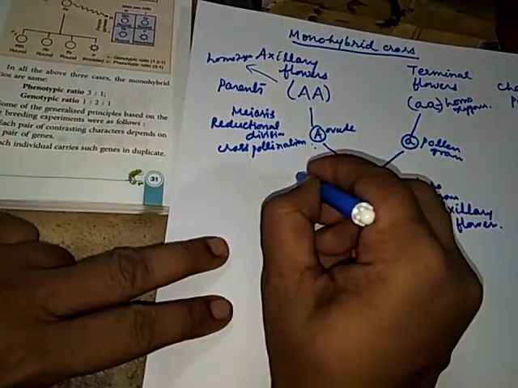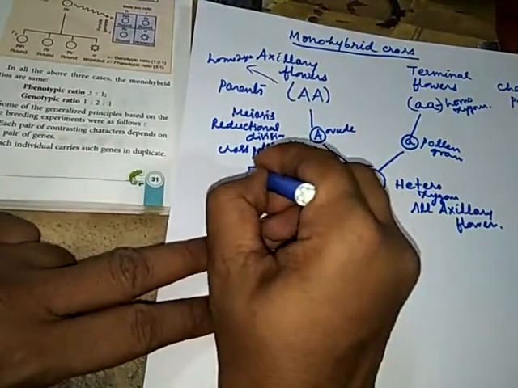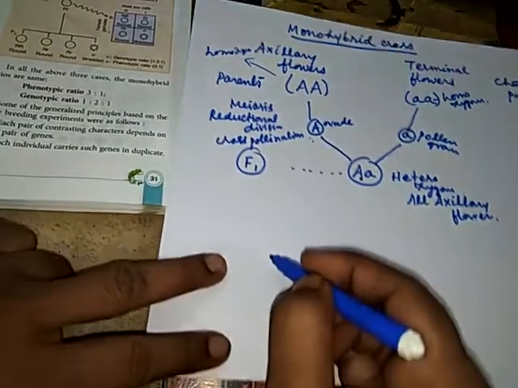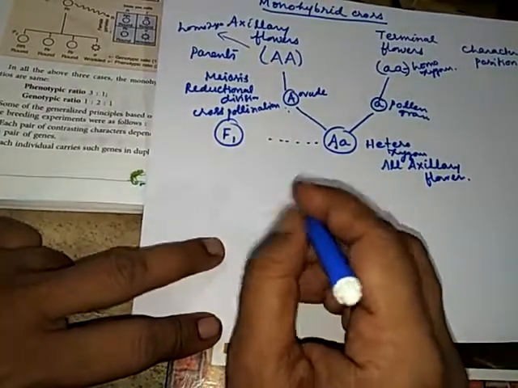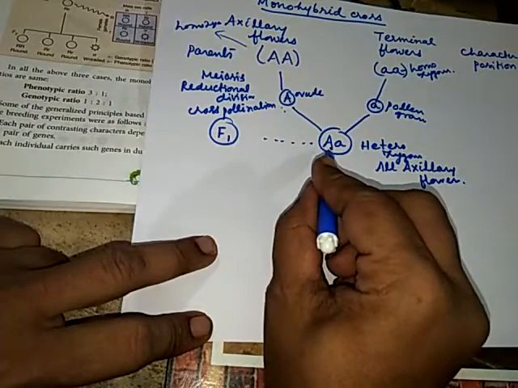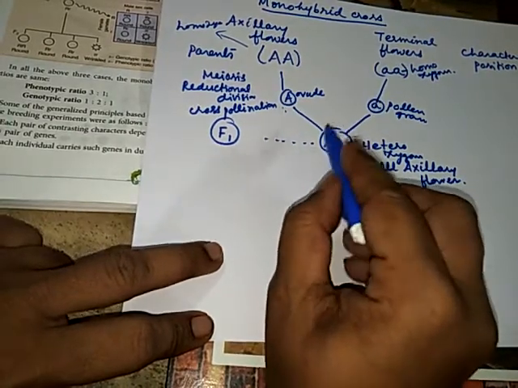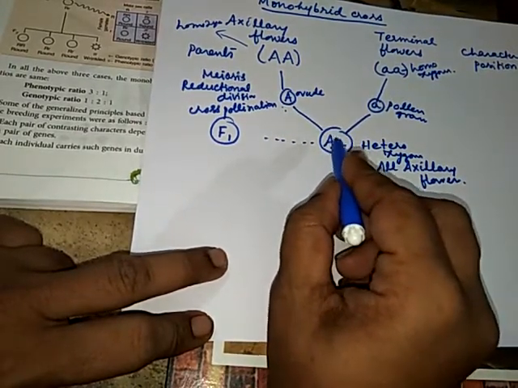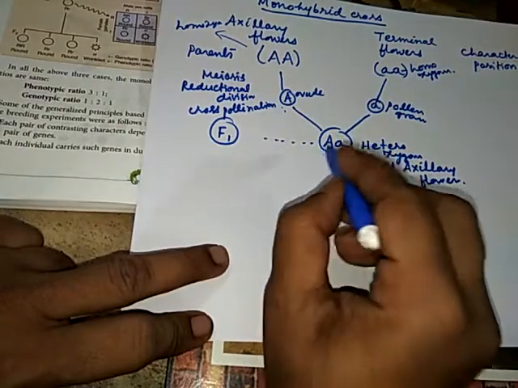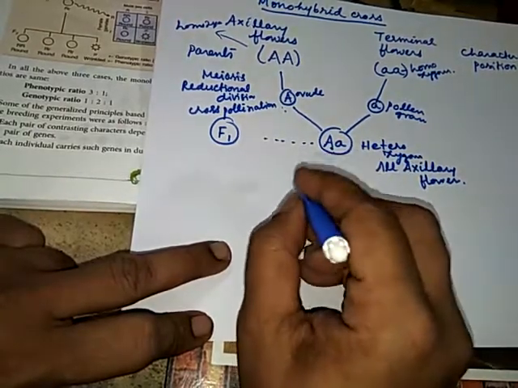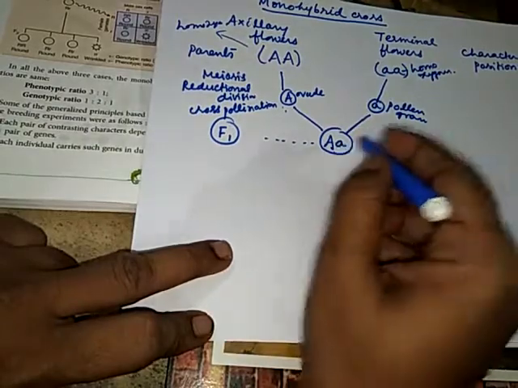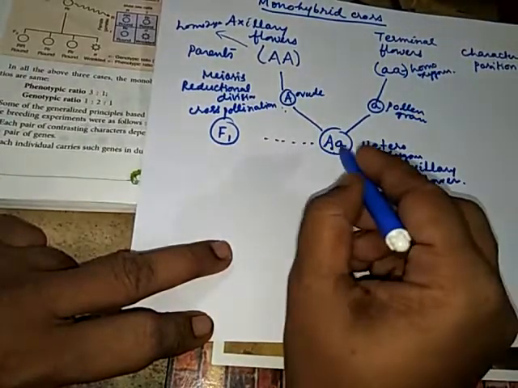This hybrid is our first filial generation. This zygote is then allowed self pollination, since the plant normally has the same kind of flowers.